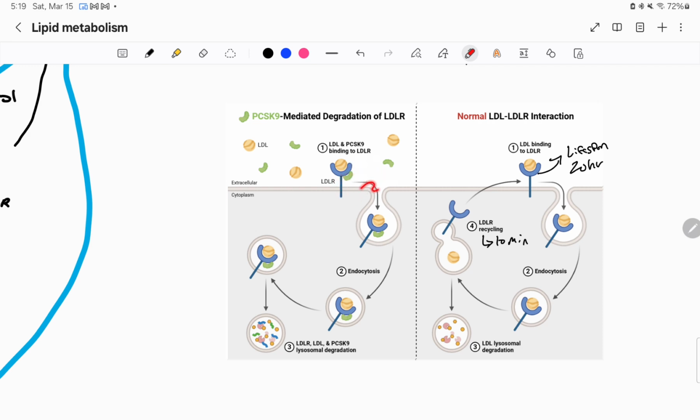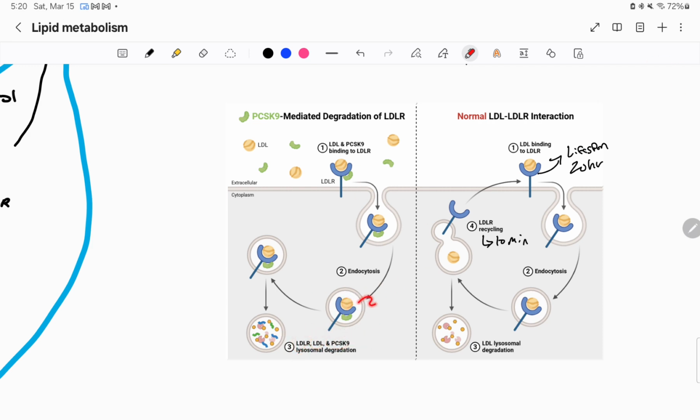What's going to happen is now this guy's going to get endocytosed, okay? It'll go and turn into this endosome, and because of the presence of this LDL receptor bound to the PCSK9, it will no longer be recycled, but rather it'll go and fuse with a lysosome, and the LDL receptor, the LDL, and the PCSK9 will all become degraded.